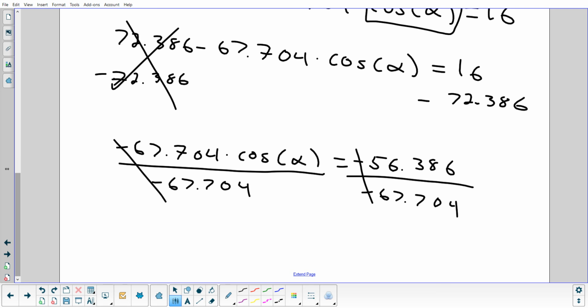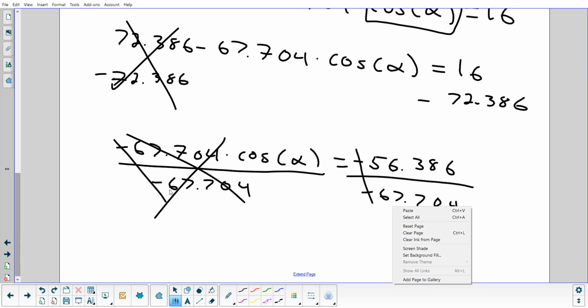And this is a good time to check where you're at. You should always have a bigger number in the bottom. Always. Because we're about to do inverse cosine to get alpha by itself. To take the inverse cosine of something, it has to be less than 1. So if you don't have a bigger number in the bottom, you don't have a number less than 1 here. So if the bigger number was in the top, go back.